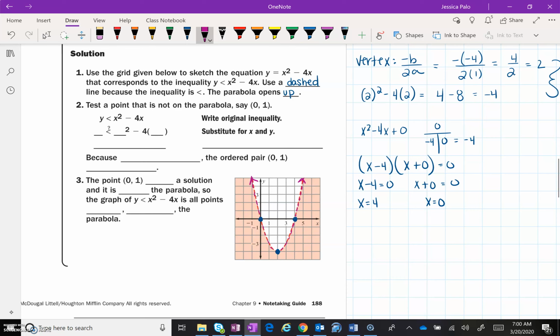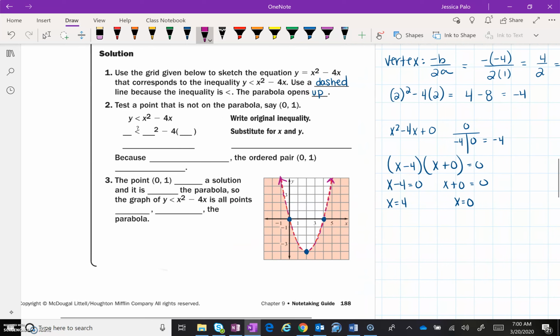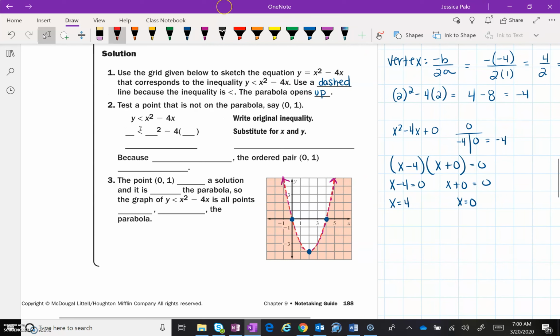So we are going to use 0, 1. We're going to take 0, 1 and plug that into our inequality. So we are left with 1 is less than 1 minus 4, and 1 is less than negative 3.